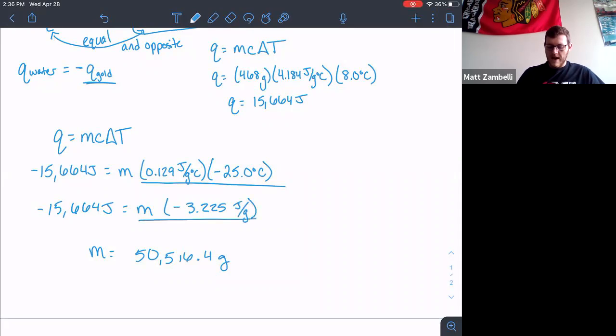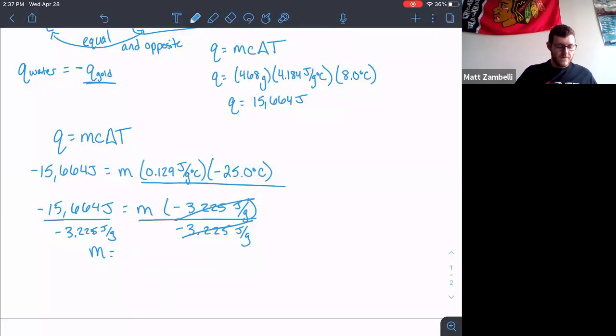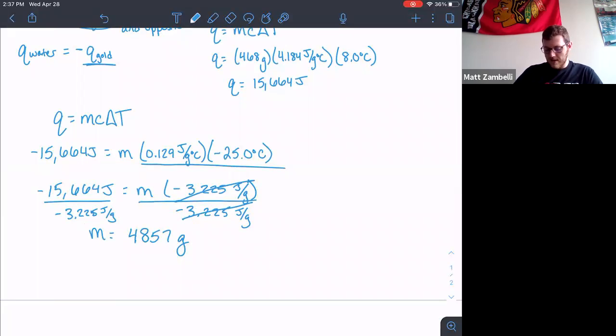And then when we divide both sides by the negative 3.225 joules per gram, these guys will cancel, and we're going to be left with mass not being 50,000, but it's going to be 4,857 grams, or rounded to significant figures, 4,860 grams.